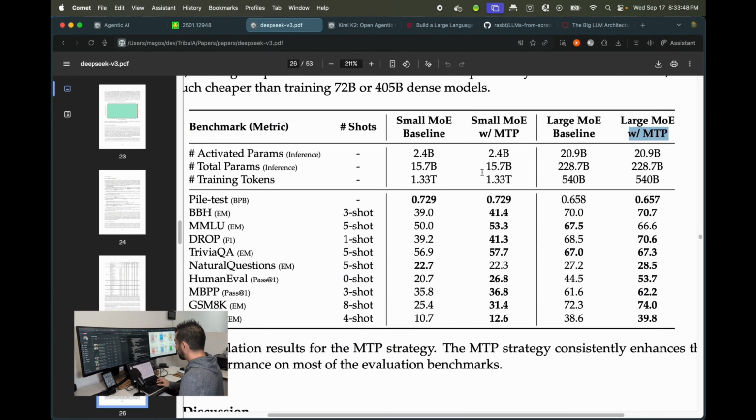But you can see that most of the time, according to the benchmark, the multi-token prediction component had a positive contributive effect that improved the score. So you can see, they did this, but did it really matter? According to this, it did matter, because they did an ablation study where they compared without and with and saw the difference between the two things.